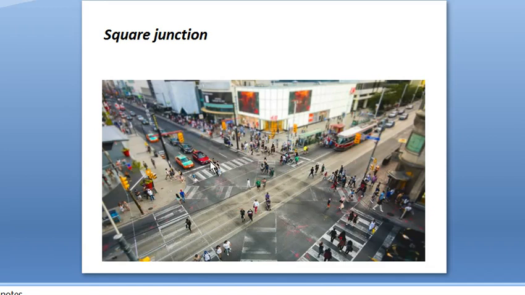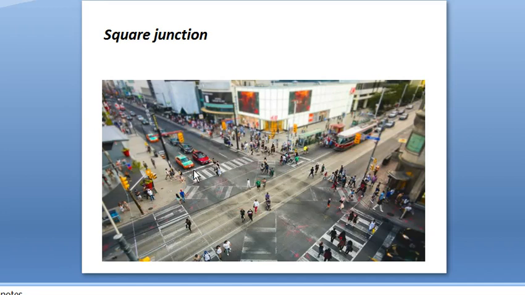So it is very easy to design, but it will be most complex because there will be more conflict areas, since we are not channelizing the vehicles. The main disadvantage is that here one of the crossing vehicles will have to stop while the other proceeds. In this figure it is clear that when the vehicles are moving in this direction or pedestrians are crossing, this vehicle has to stop here.